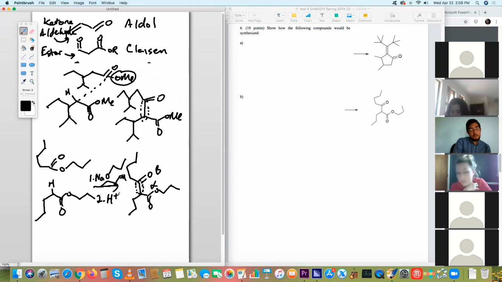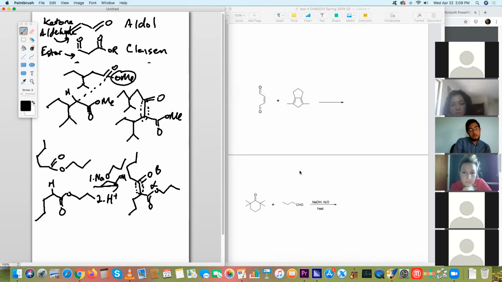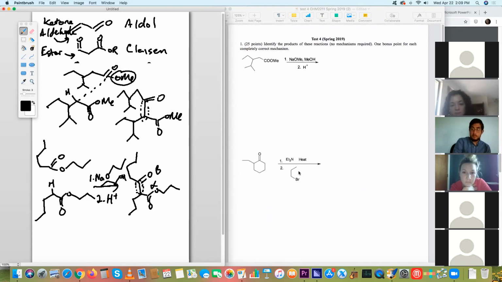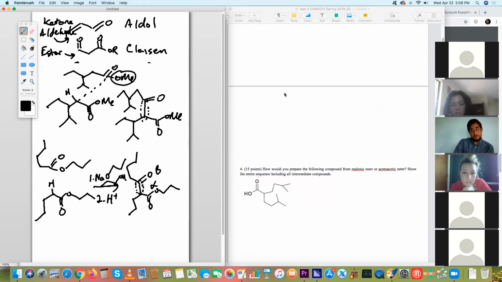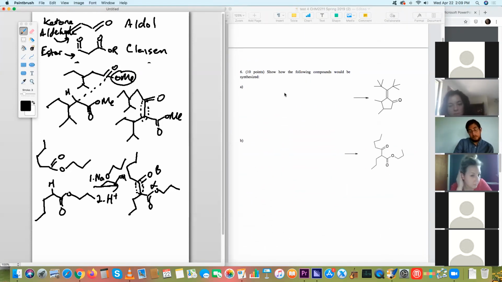So both ester groupings on the things you made, along with the alcohol and the NaO whatever group, they all have to be the same for that one. Just like they were up here when I did this example. See, Me, OMe, OMe, MeOH, all of that has to match. Same with this. Does anybody have any questions about number 6?